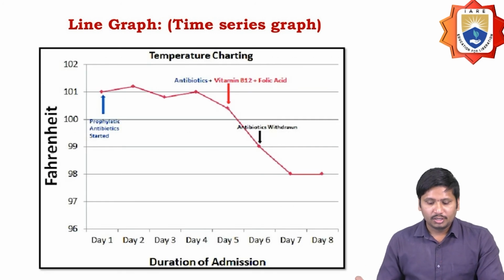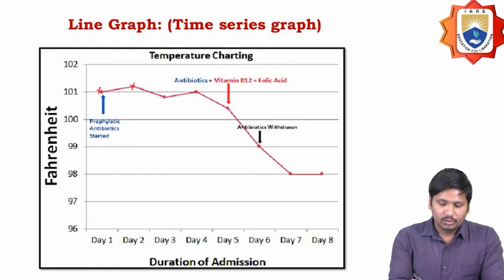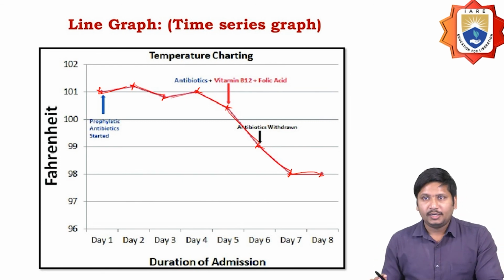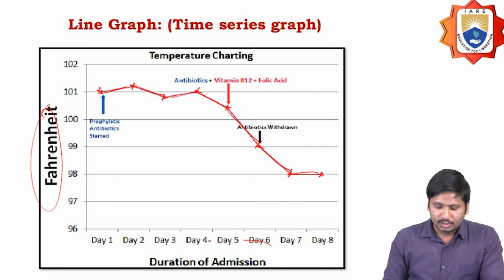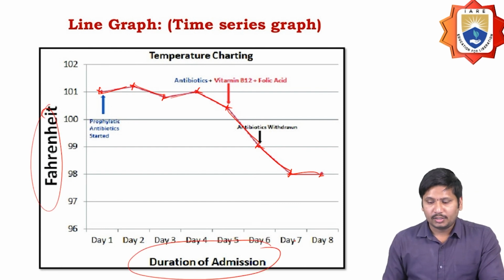See the example here. These are the plotted values initially. If I join them with a line, that is called a line graph. Here the year is taken on the x-axis and the duration of admission on the y-axis.